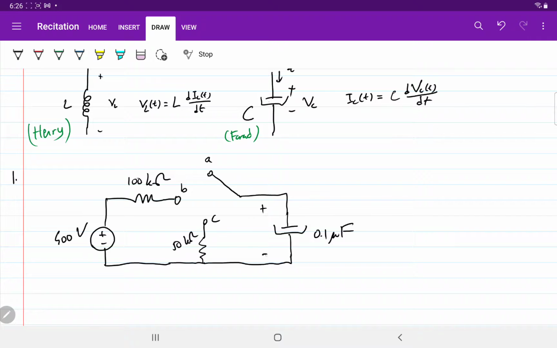Let's call its voltage plus minus V0. V0 is the voltage across the capacitor.